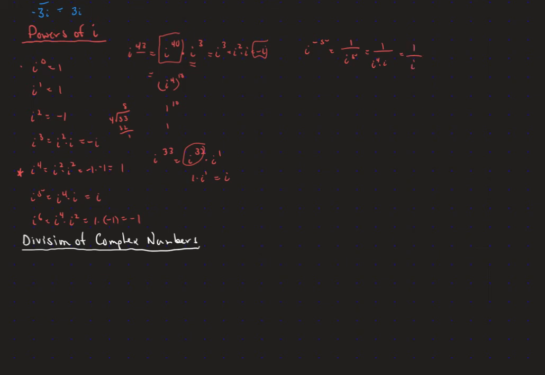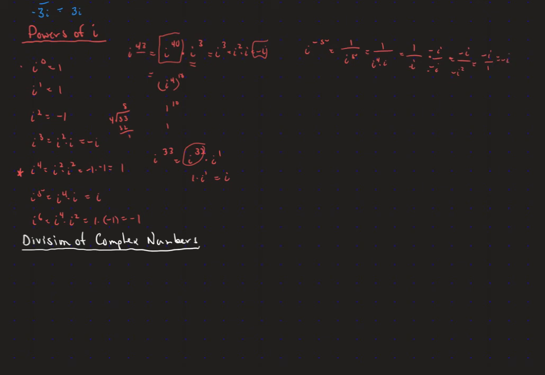Now, we don't want to leave i's in the denominator, so what we do is we multiply top and bottom by its conjugate. So 1 times negative i is negative i, times negative i is negative i squared, which is just negative of negative 1, and so we get negative i.